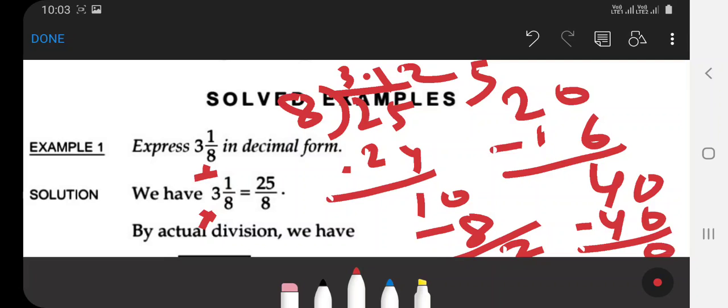Lastly, you have got the remainder 0. So it is a terminating decimal, and your result is 3.125. Clear, student?